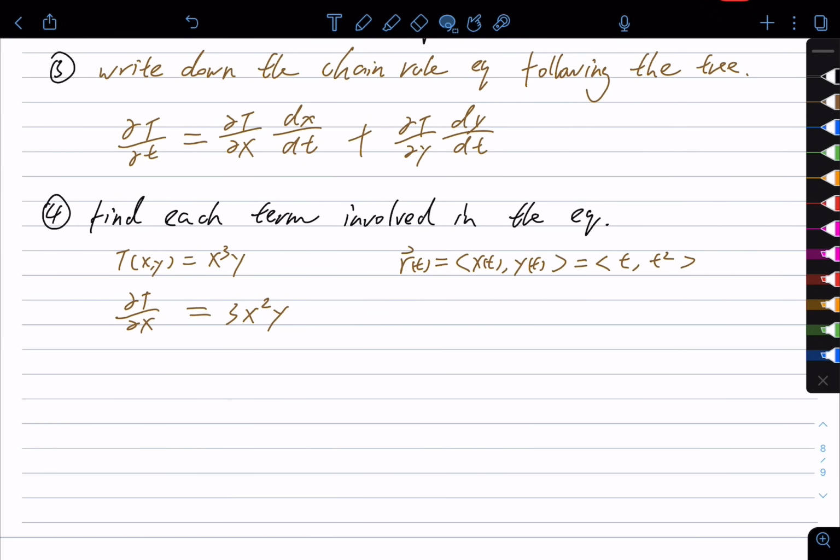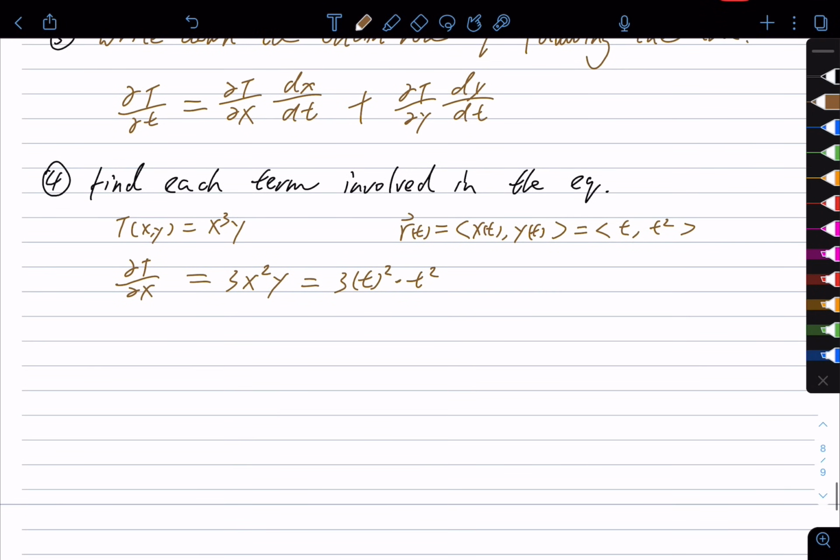So every time you see an x, we replace it with t. Every time you see a y, we replace it with t squared. So what we're going to get is 3t squared times t squared.